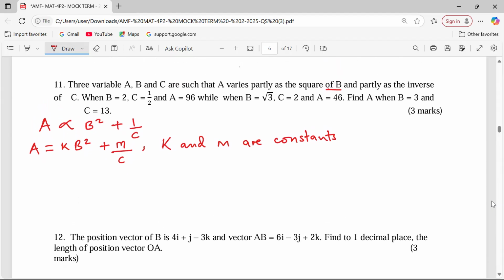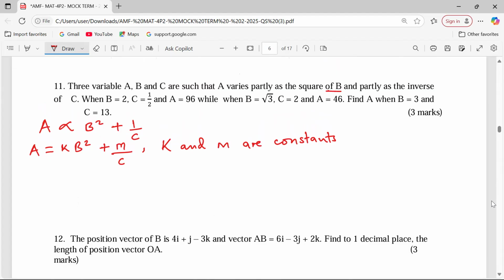So again, let's check some more information. It tells us when B equals 2, C equals half, and A equals 96. So if we replace that, A equals 96, so 96 equals, with B equals 2, K times B squared, that is 4K, plus, at the same time, C equals half.